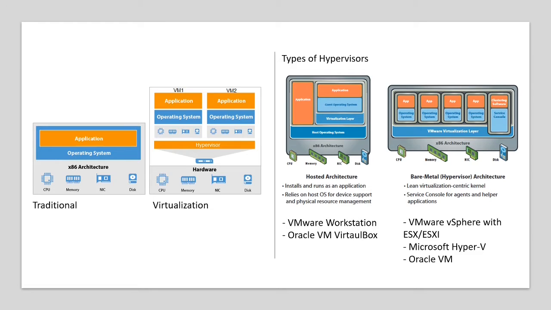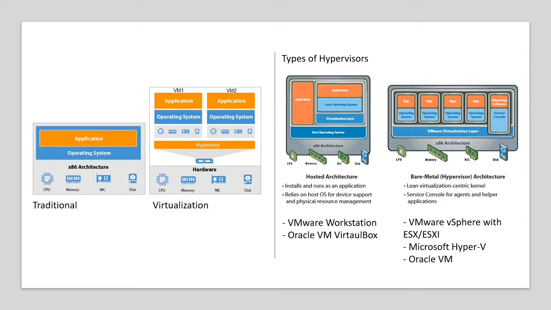Here, let's understand the diagrams. First, to my left, we have a diagram that shows our traditional architecture, and to the right, it shows the virtualization. In traditional architecture, we have this hardware: CPU, memory, NIC, and disk.